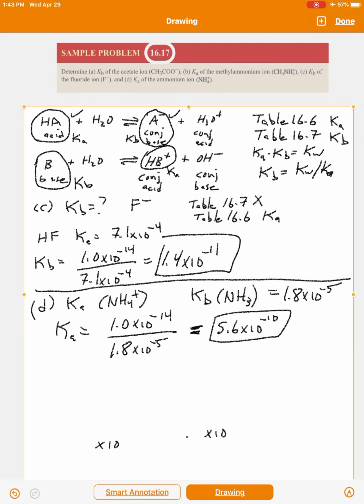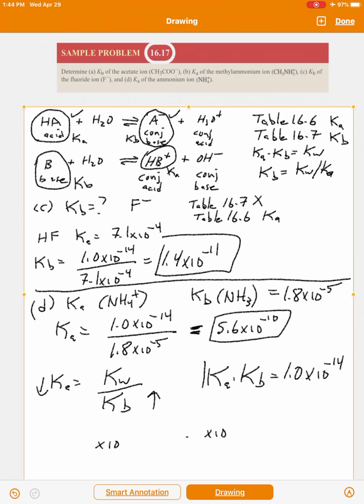Okay, so notice one thing. Ka is Kw over Kb. The larger this is, the smaller that's going to be. Another way of thinking about it, that product is equal to 10 to the minus 14.